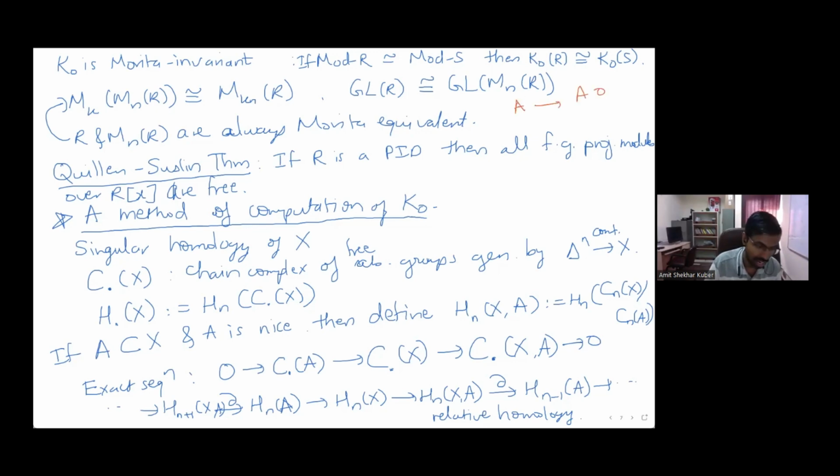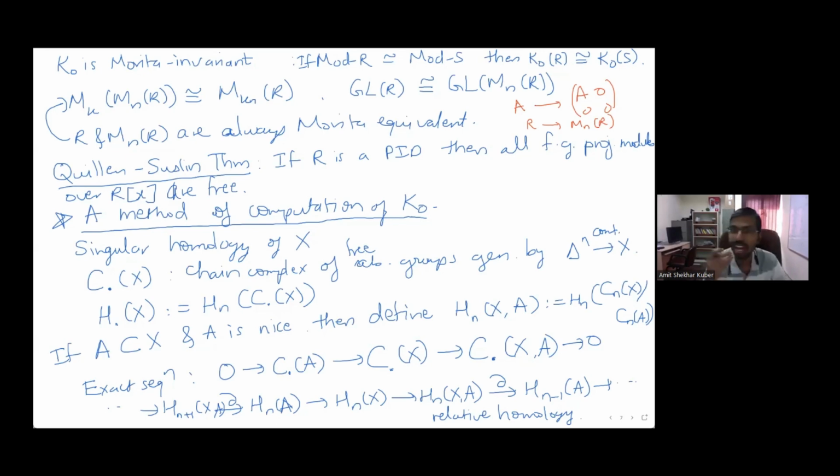You pad it appropriately. So this particular map from R to MNR, or you can think of it as a single entry. According to this, in the category of rings, this will induce a Morita equivalence, so the category of modules is exactly the same.